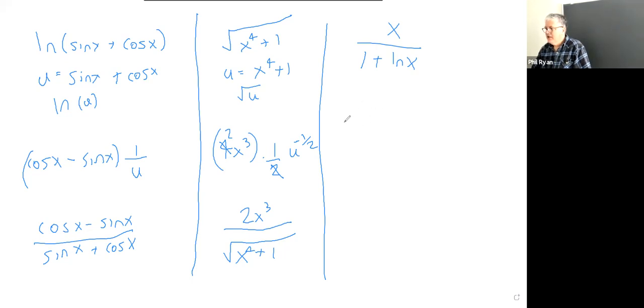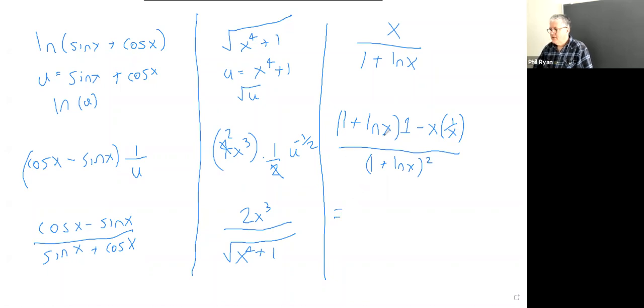So it's just going to be low d high minus high d low, on the bottom squared. And so we've got to do a little bit of cleaning up here. So what do we get?